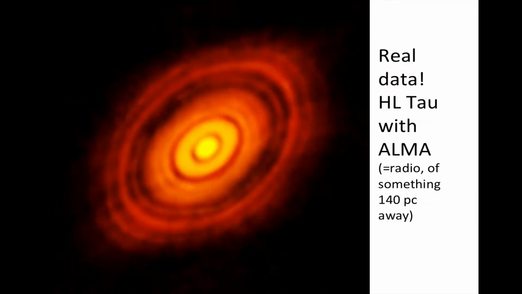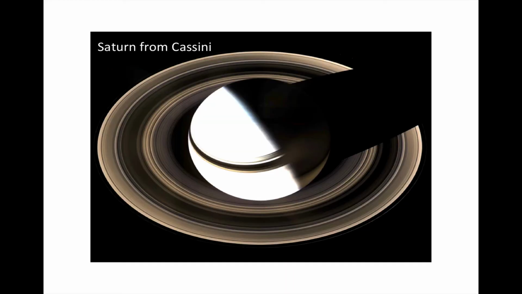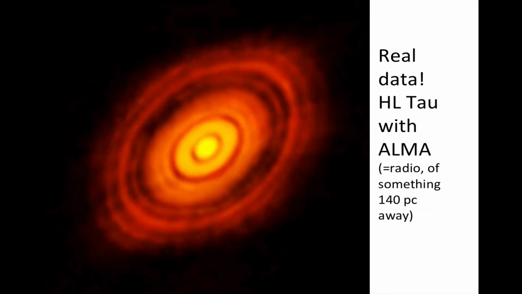Now, it used to be that was the best example I could show you. This is relatively new data of a real star. This is not an artist's conception like the other stuff. This is a real image from Cassini. This is real data from a radio telescope called ALMA, and it is of a star called HL Tau. This is the first time that people have been able to see quite so clearly the gaps in the disk around another star.